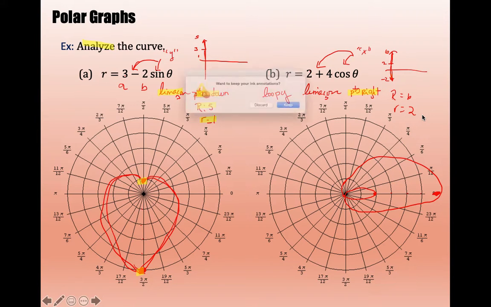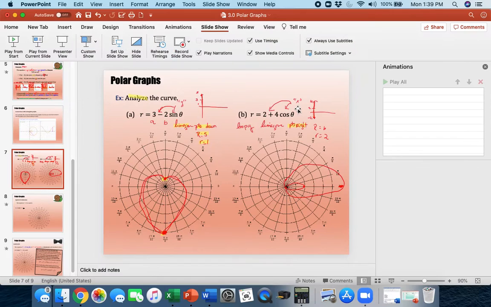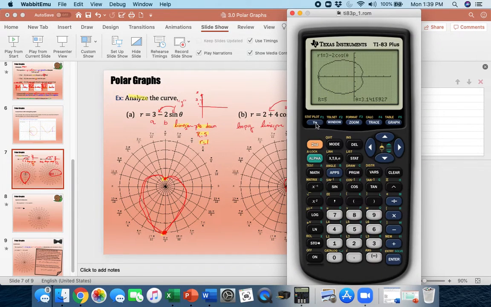All right, let's put both of those into our calculator just to make sure. So I have 3 minus 2 sine theta. And if I hit trace, you can see there my radius is 1.